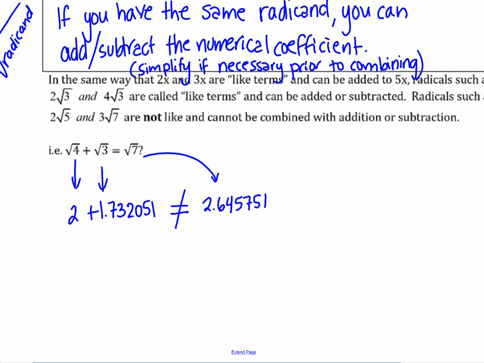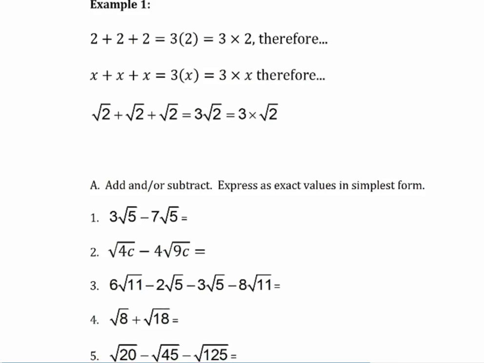We are really thinking of it in terms of like x. If we know x plus x plus x is 3 x's, then root 2 plus root 2 plus root 2 would be 3 root 2s. We have to have the exact same radicand to add.